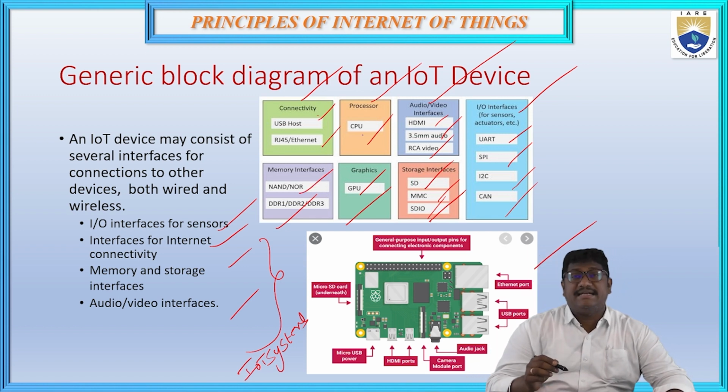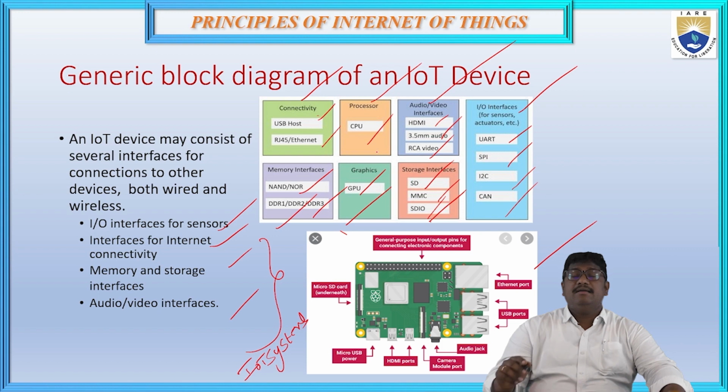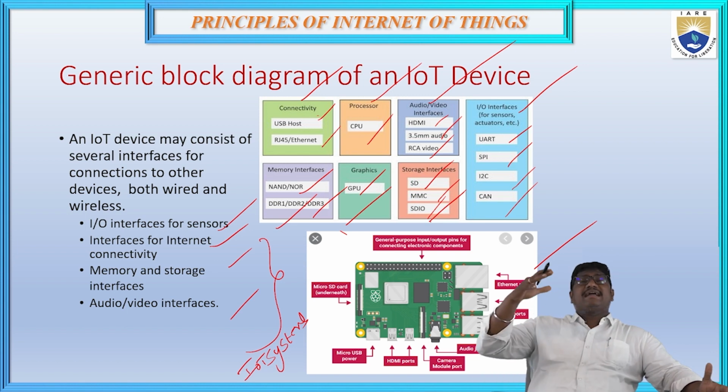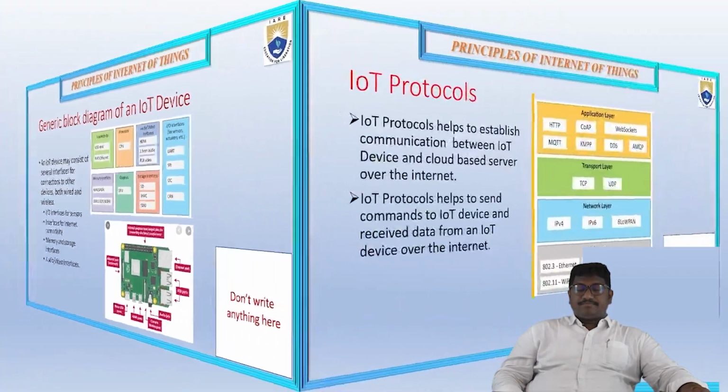And also the memory interfaces such as NAND or NOR, and also DDR1, DDR2, DDR3. Like this, there are a lot of advances happening in memory interfaces also. These are the different kinds of interfaces which we use in the physical design of our IoT system.